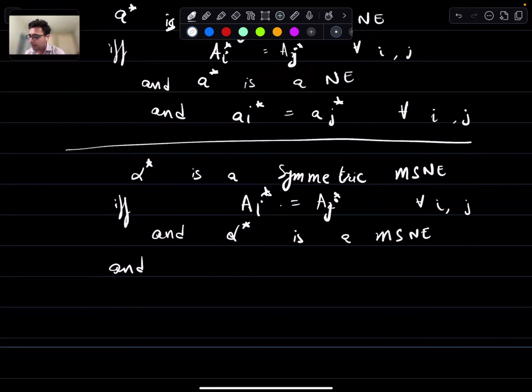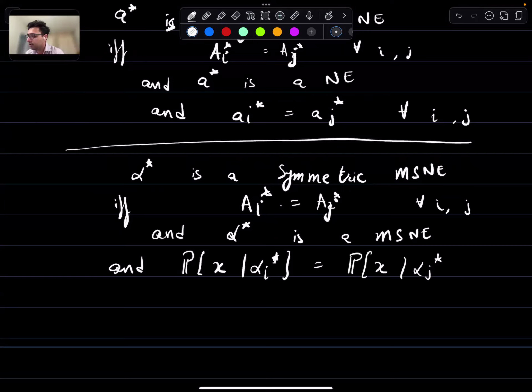And the probability with which an action, let's call it X, is chosen according to alpha i star should be the same as the probability with which an action X is chosen according to alpha j star for all actions available to players. Okay. What does this last thing mean?